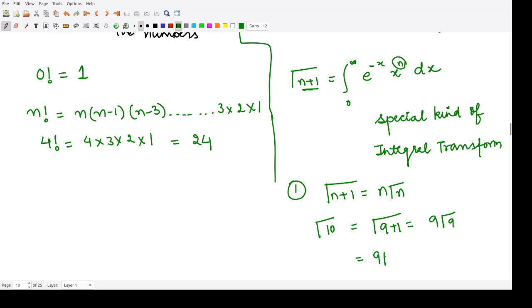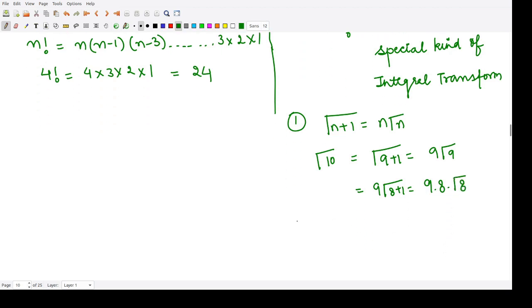Again you could write gamma 9 with 8 plus 1, so this would be 9 into 8 into gamma of 8. And then again, 9 into 8 into 7 into gamma 7 and so on. Finally you would obtain 9 into 8 into 7 into 6 into 5 into 4 into 3 into 2 into 1 into gamma 1.